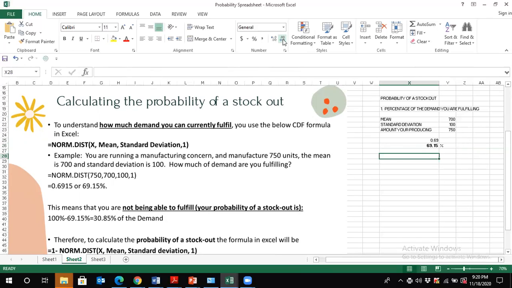So next, in order for me to calculate the probability of a stock out, let me just make that bold.